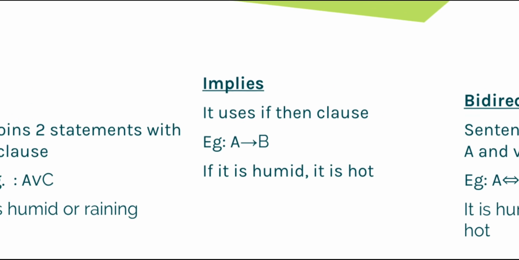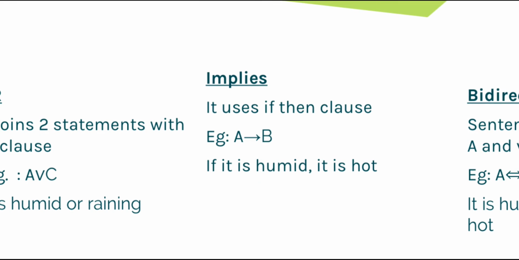Now next is implies. Let us consider sentence B and sentence A. If you are applying implies, it will be like sentence B is dependent on sentence A, and it's called implication. It uses an if then clause. And one more thing, if sentence A is true, B will be true.